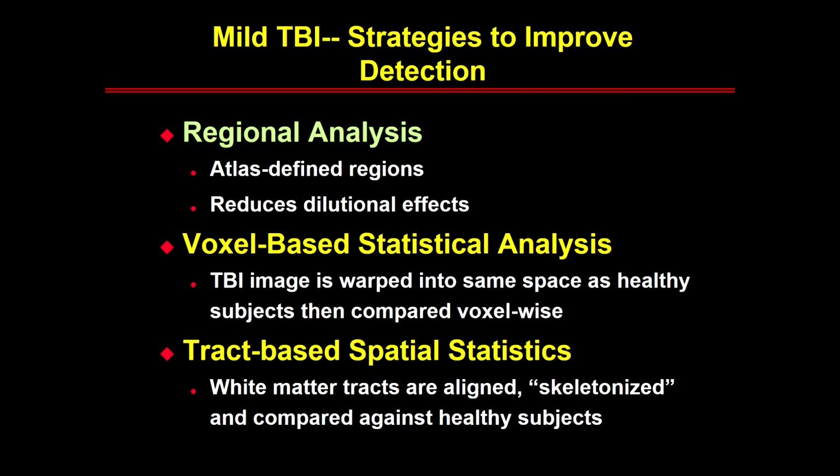Now, in reality, practically, we use a number of different image analysis methods to improve our detection of brain injury, and in particular mild brain injury. We start with a regional analysis using atlas-defined regions, and this essentially reduces the dilutional effects.